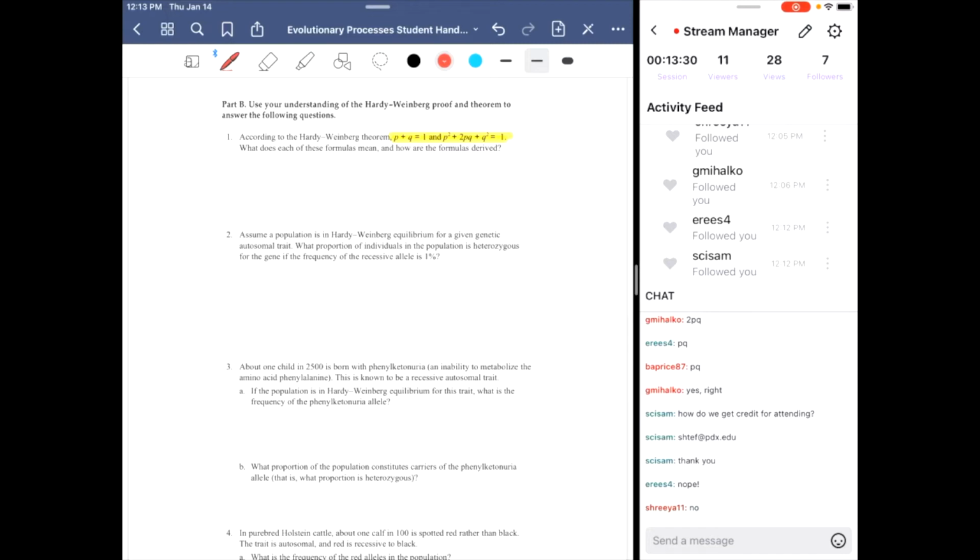So first let's look at P plus Q equals 1. So what this is saying is that if you add all the dominant alleles for a gene, you will get 100% of the alleles for that gene.